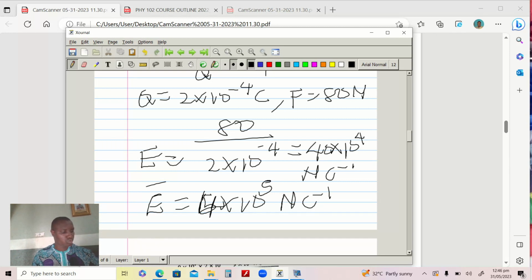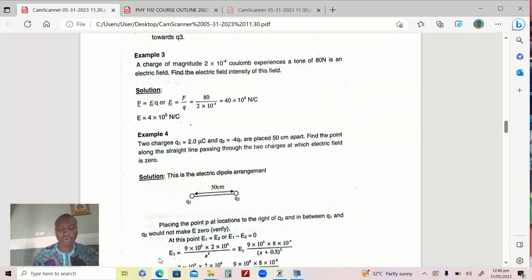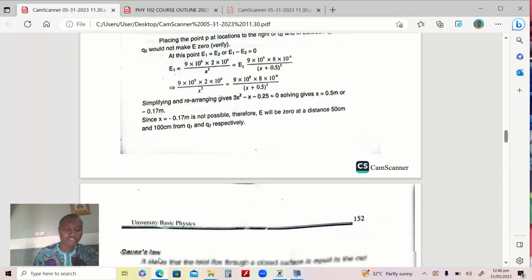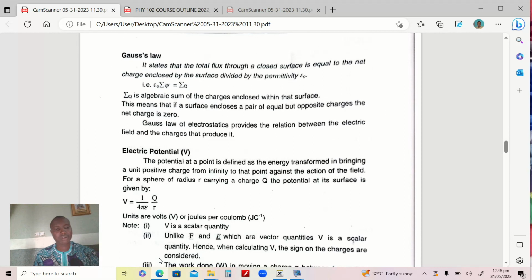So I want us to go to other subheadings. Let's see what is called Gauss's law. Have you heard Gauss's law before? Gauss's law is very useful for some of you that will be in engineering. You will make use of this law when you are dealing with flow, Maxwell equations, Poisson's equation and the equation of continuity.